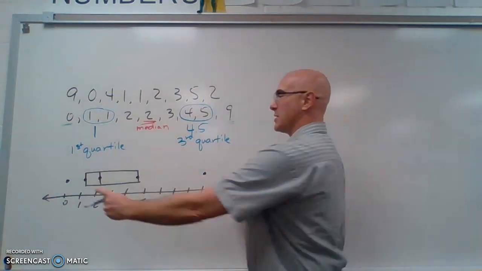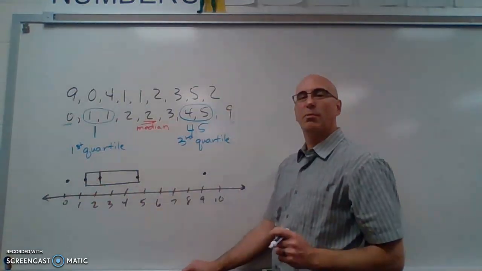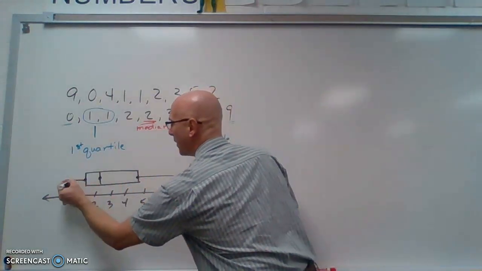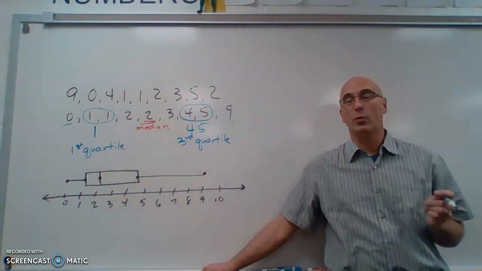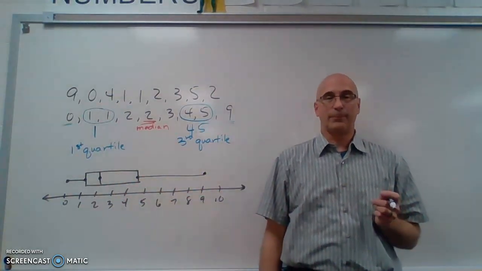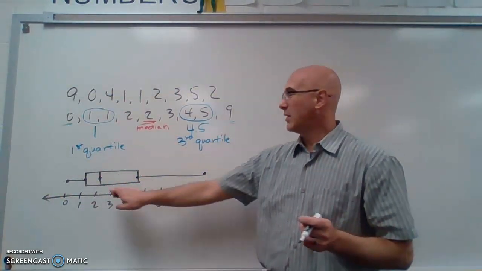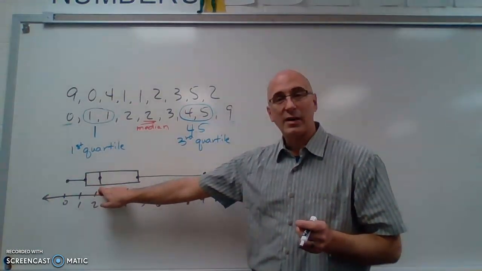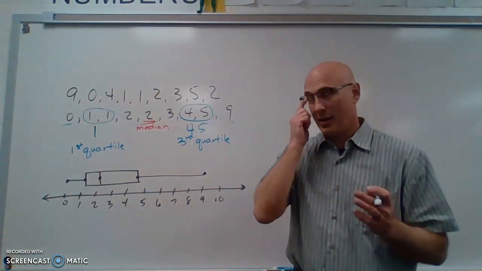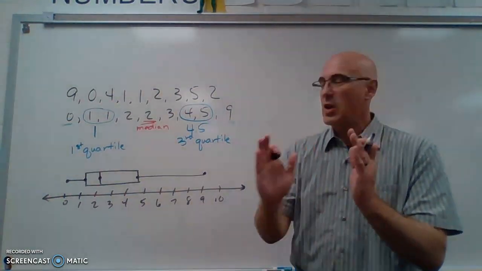Then we see our 2 points on both sides. I'm going to draw a line that connects them. Those are the whiskers. Here is the box. Here is the whisker.